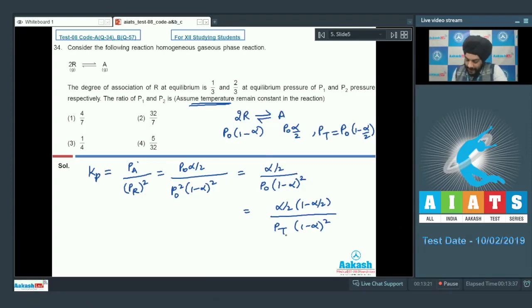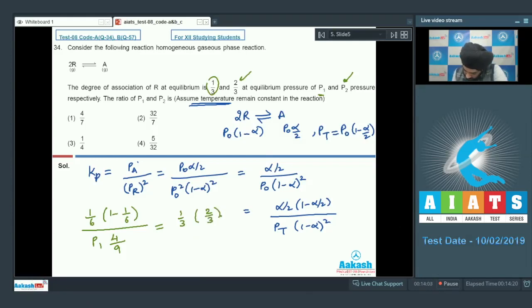So if we put the values of alpha 1 at P1 and alpha 2 at P2, we're going to have both the expressions as equal. So we have 1 by 6 into 1 minus 1 by 6 upon P1 into 4 by 9. And this shall be equal to 1 by 3 into 2 by 3 upon P2 into 1 by 9.